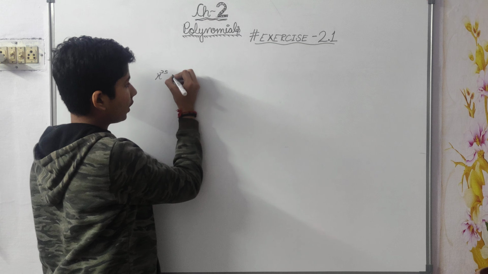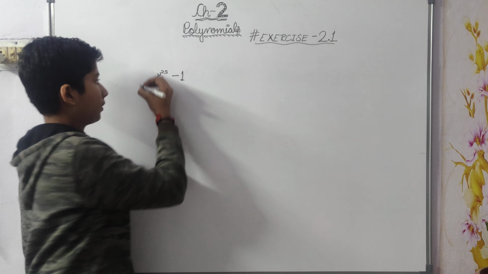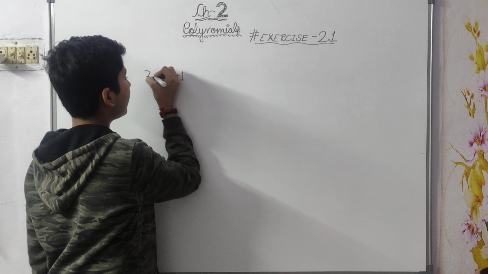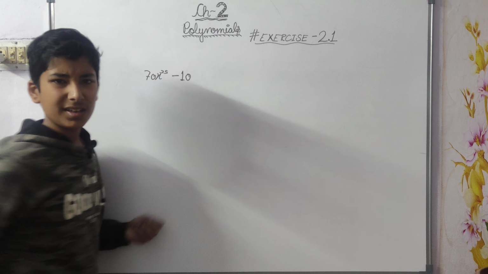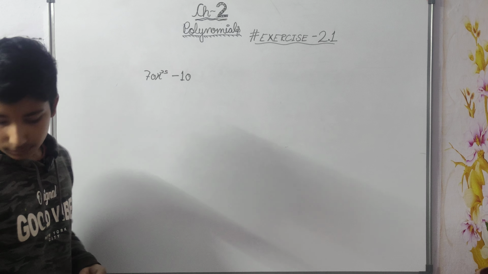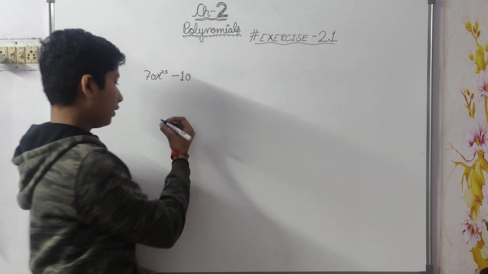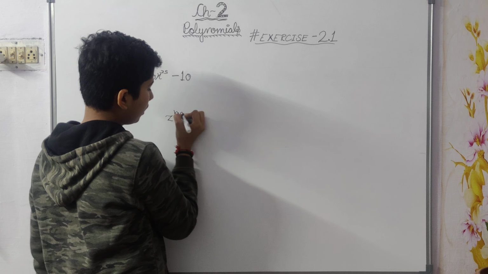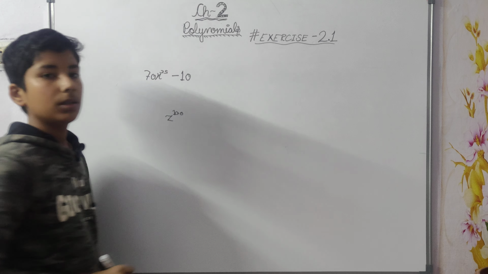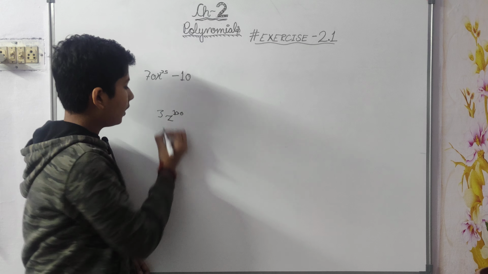Or you can write it as 70 x to the power 35 minus 10. Anything you can write, any number. And for a monomial of degree 100, you will have to write z to the power 100 or any variable to the power 100. This will be our answer. You can multiply it by any number.